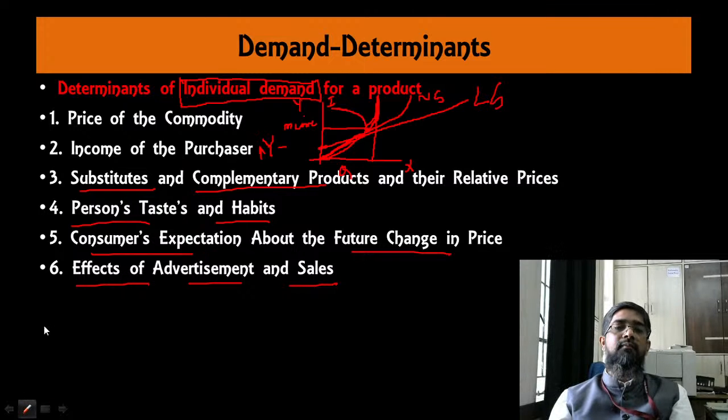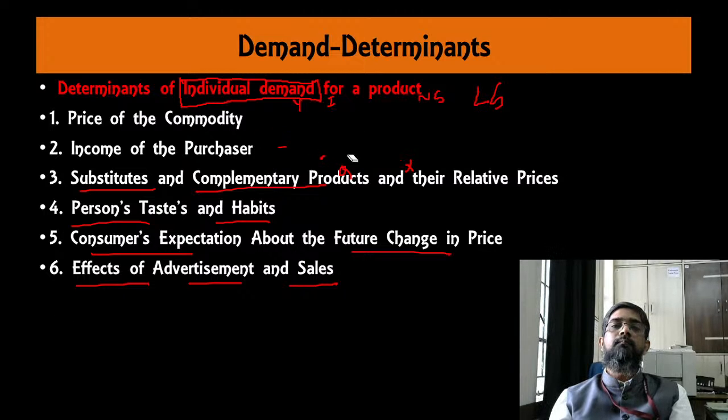And now quickly moving on to the third point, that is the price of related goods. Price of related goods also influences your demand for a commodity.